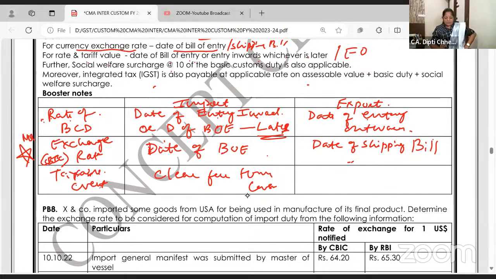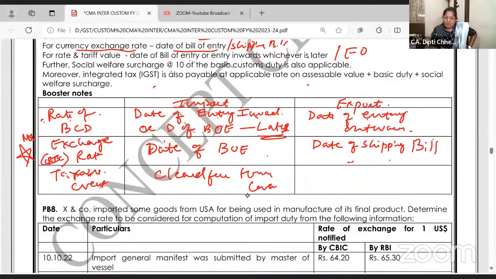When you clear the goods for home consumption, that's the time when you are liable to pay the duty. But at what rate? The exchange rate that was there the day you presented the bill of entry. And for outward it is the shipping bill. So write down here: cleared for home consumption.